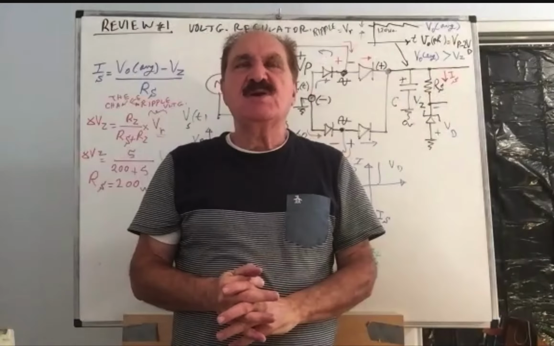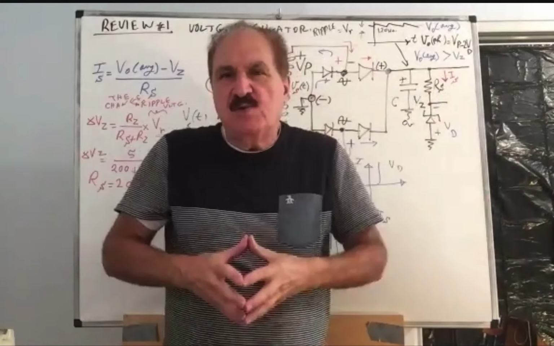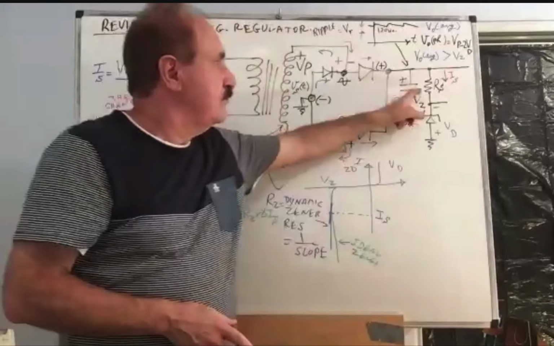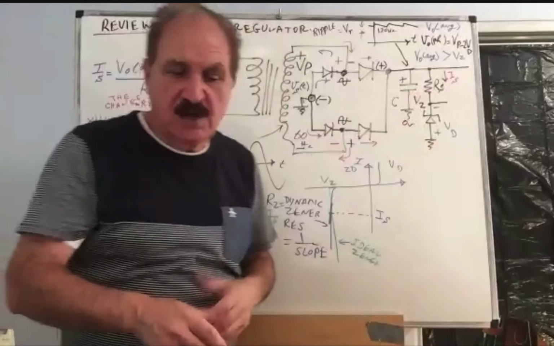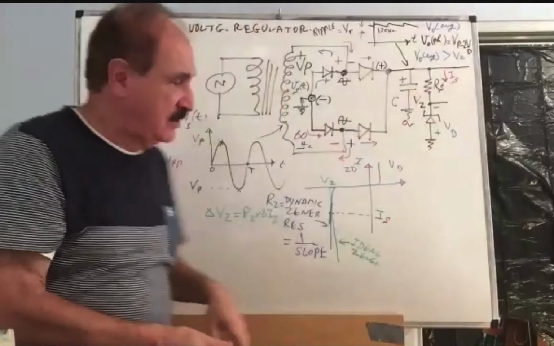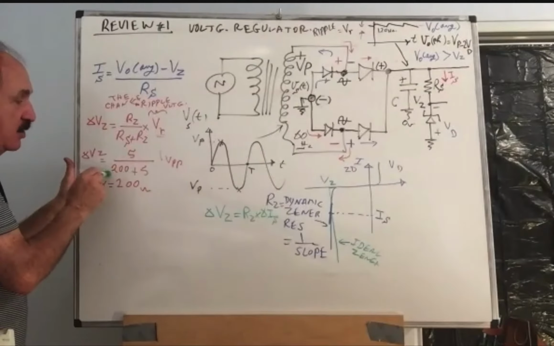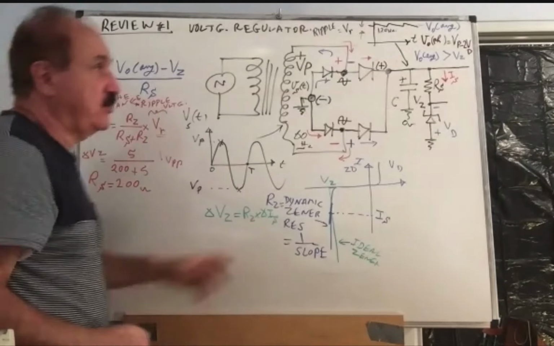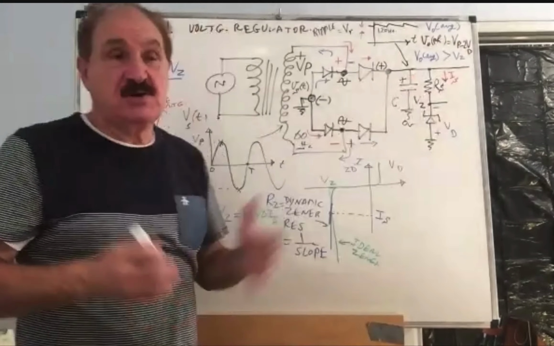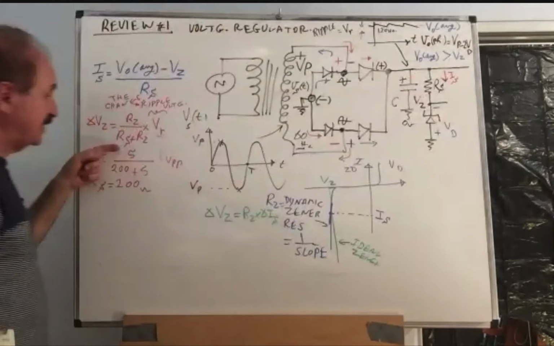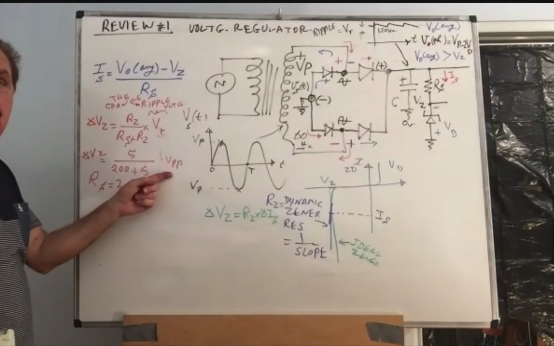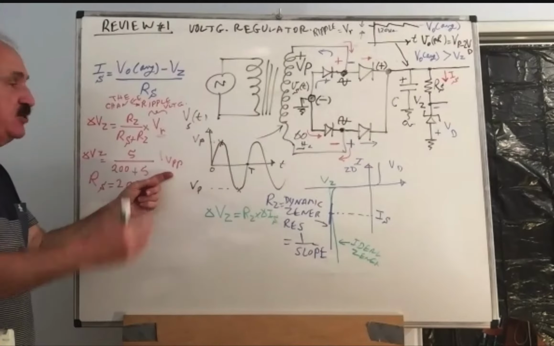I should keep RS large. Large in comparison to RZ. For example, if my RZ is 5 ohm, I want to select RS as 200 ohm because it's a considerable attenuation, 5 to 200. So it drops considerably.